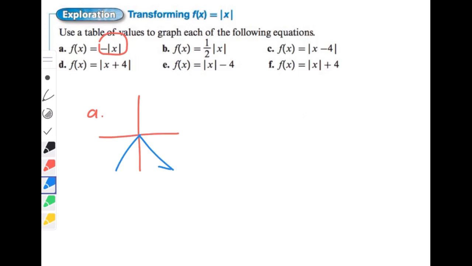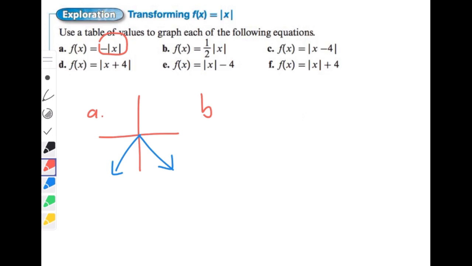And for each of these, I'm just going to give you a rough overview of what they're doing because they go through a whole bunch of different transformations, and then we will go off of that. So for B, any value that we have is being multiplied by a half afterwards. So that's what's called a vertical compression.